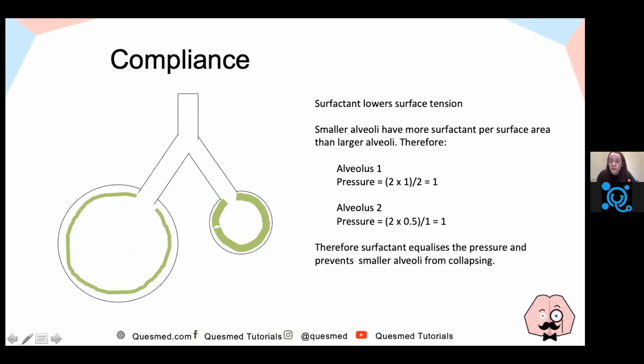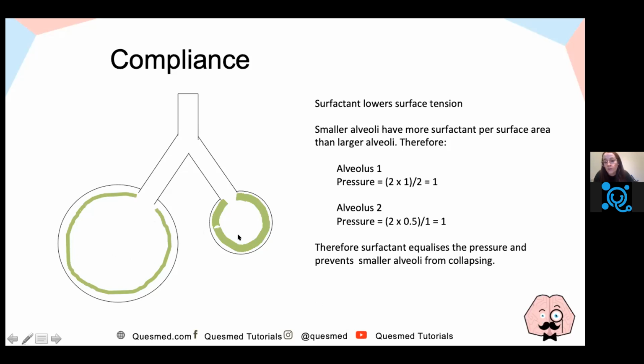However, with surfactant, so surfactant is this kind of fluid which is secreted by a type of alveolar cell, which helps to reduce surface tension. We have more surfactant in smaller alveoli than we do in larger alveoli.